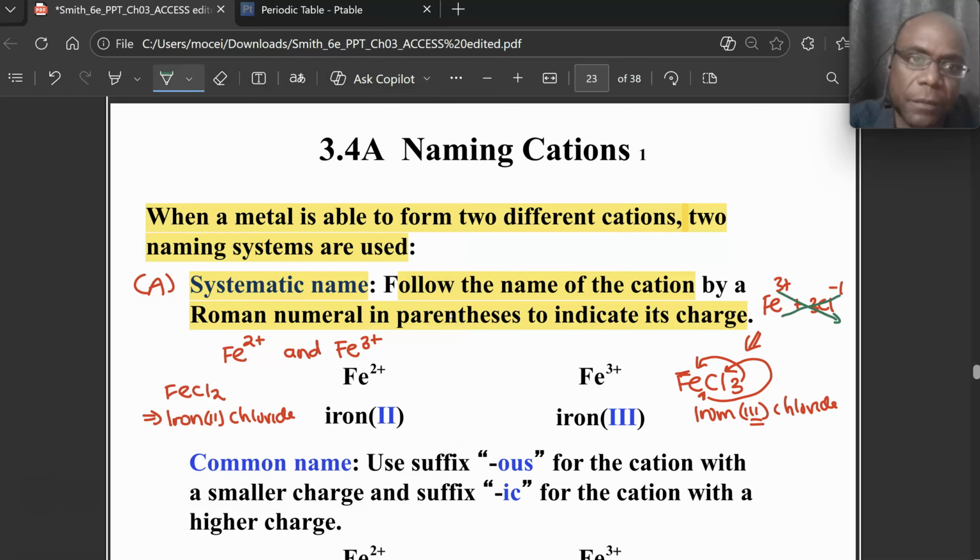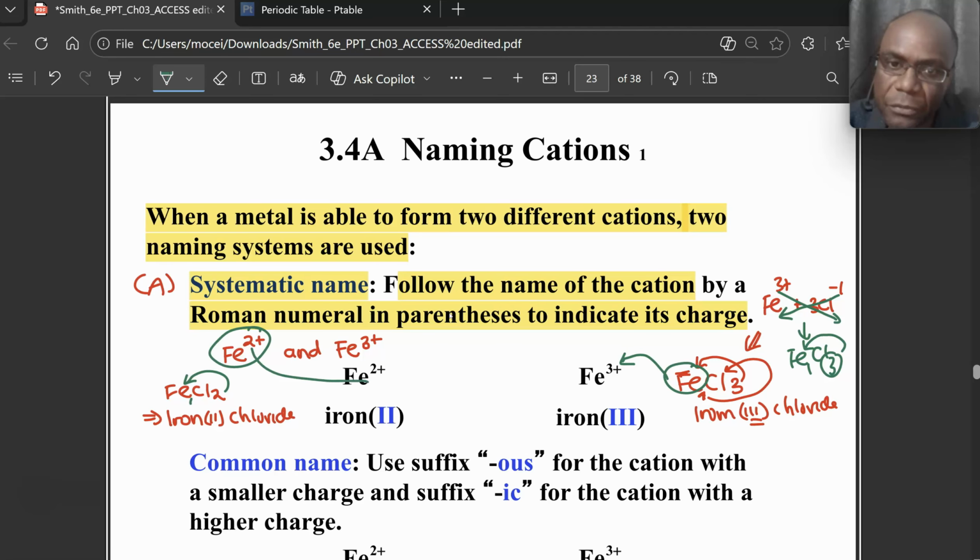You just drop those values to give you Fe1Cl3. So these 3 really came from the ion, so that iron in here is really Fe3+. Same thing here, the 2 came from the Fe, so that Fe is really Fe2+. And that 2 is what we emphasize here, and this 3 is what you emphasize here.